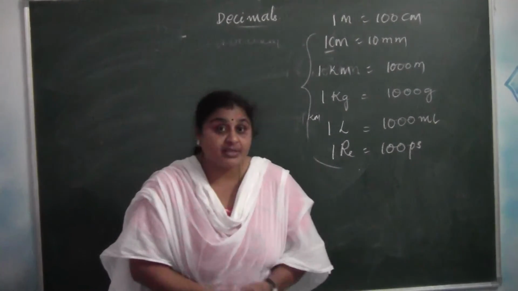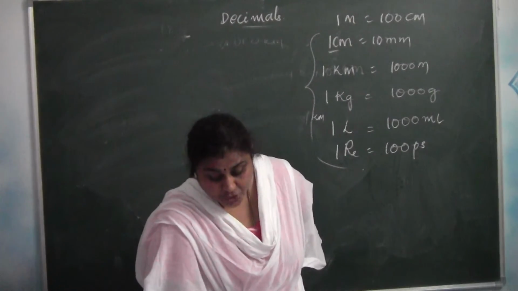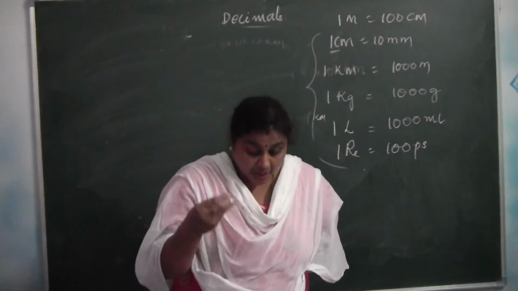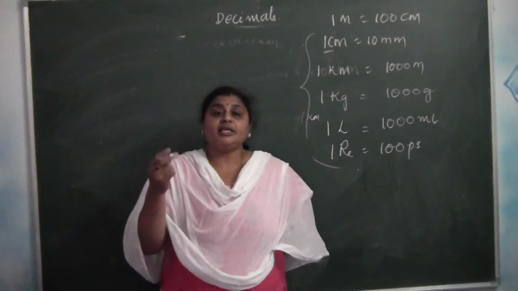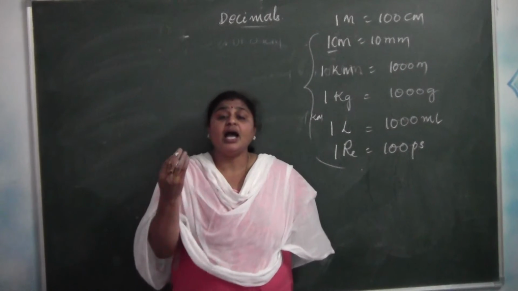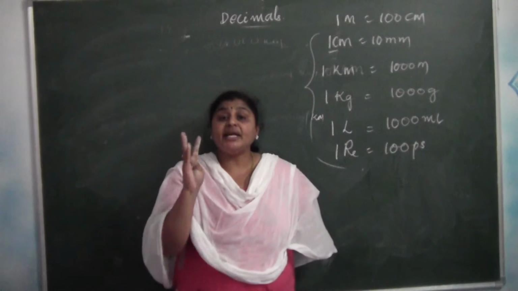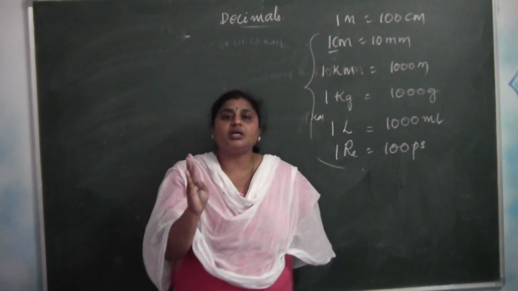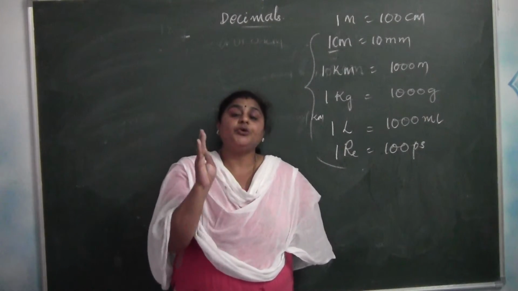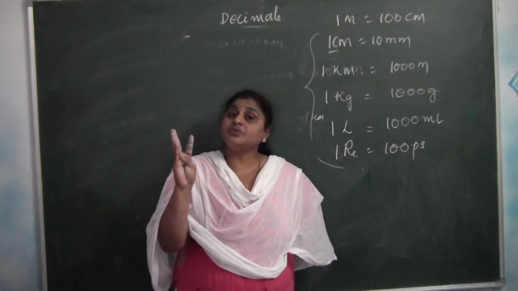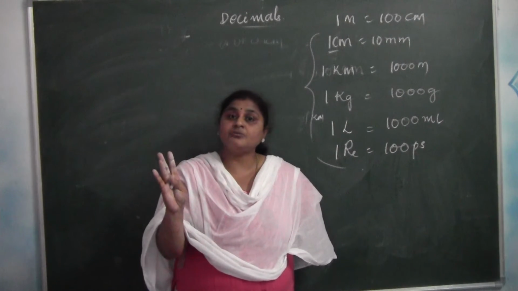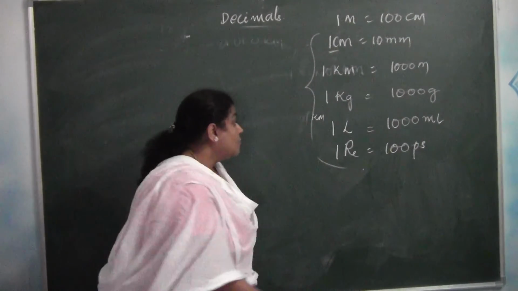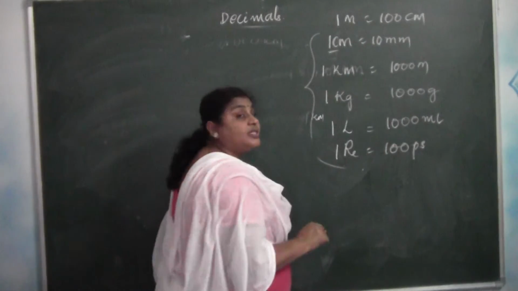Alright, next expressing paise in terms of rupees. One more thing, children. You learned how to express meters in terms of kilometers. The same procedure we are following to express grams in terms of kilograms, and milliliters in terms of liters, because 1 liter is equal to 1000 milliliters.